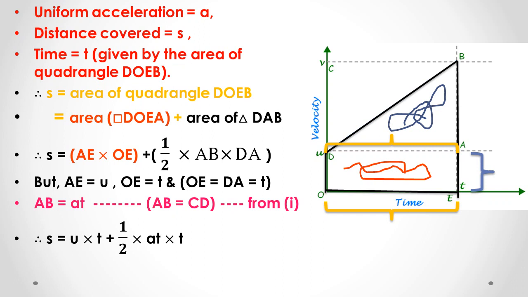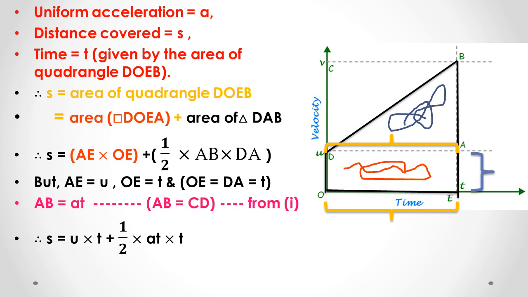Therefore S is equal to U multiplied by T. Now we know AE is equal to U, and in place of OE we write the time covered, that is T. And plus what? Plus the area of triangle. The area of triangle will be half multiplied by AB. The value of AB is AT, and the value of DA is equal to T. Why DA?